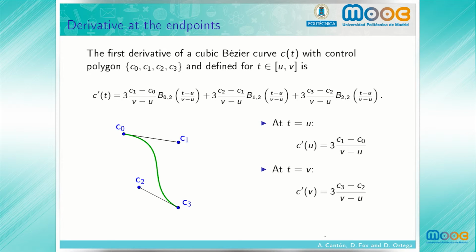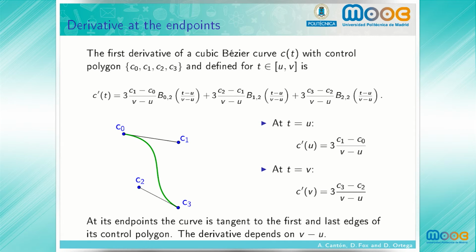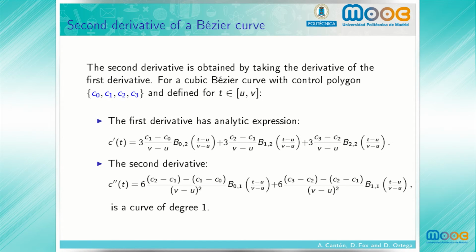Exactly the same reasoning taking t equal to v, which corresponds to isolating the last term in the expression of the derivative of the curve as a quadratic Bezier curve, shows that at the final control point, the cubic Bezier curve is tangent to the last segment of its control polygon. So we can summarize by saying that a cubic Bezier curve is tangent to the first and last edges of its control polygon.